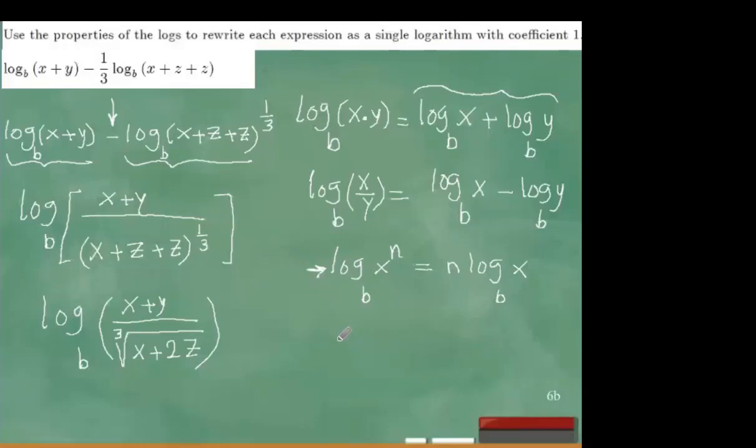The property we used to have: when I have a to the power of n over m, that is the same as the mth root of a to the power of n. So if I have a to the power of 1/3, this would be the third root of a to the power of 1. That's what we're using.